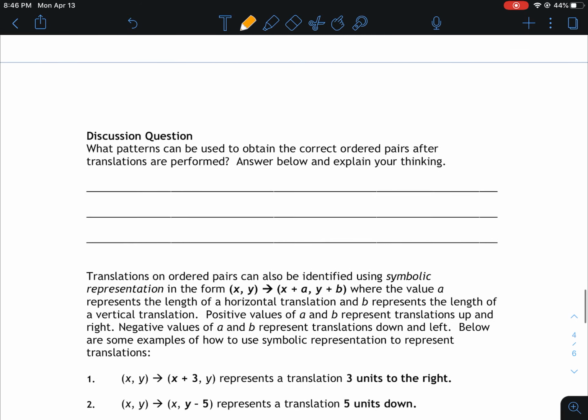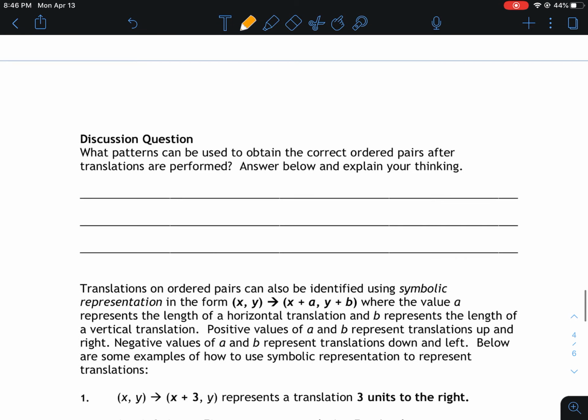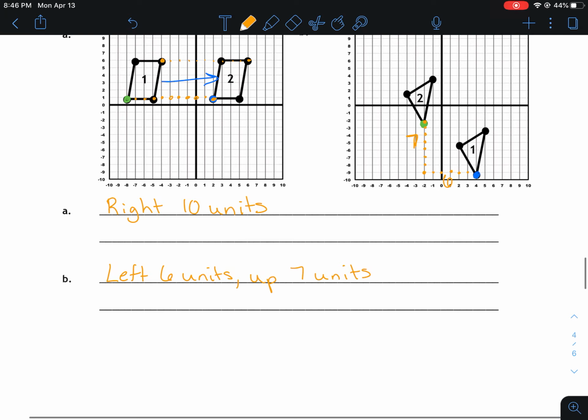All right. What patterns can be used to obtain the corrected ordered pairs after translations are performed? Explain your thinking below. Well, if you find one point that matches up with the other point, we know that equals the same thing. I could actually draw over this triangle right here.